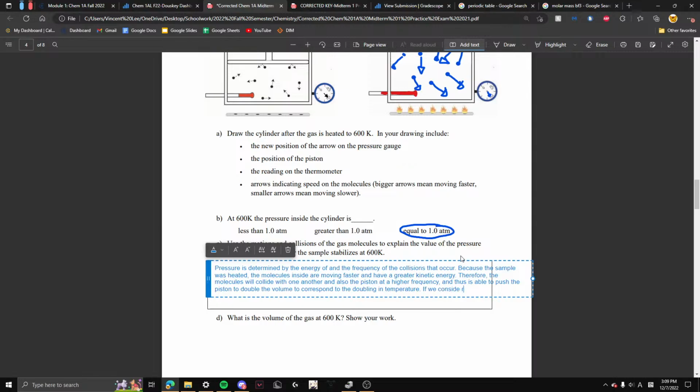If we consider the ideal gas law, an increase in temperature is proportional to the increase in volume, and therefore we can assume that the volume also doubled. Okay, so that's a very long explanation, but pretty much that.